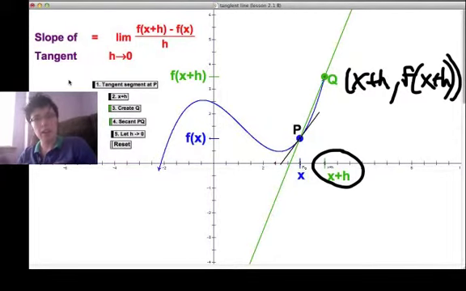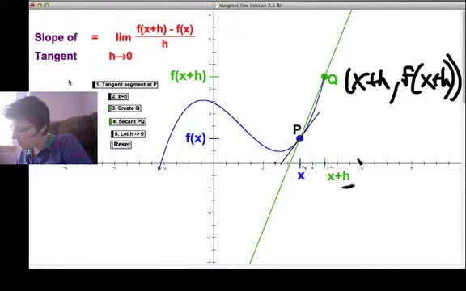That's the x and the y coordinate. It totally depends on what the function of the graph is. P down here is actually at the point x and f of x.